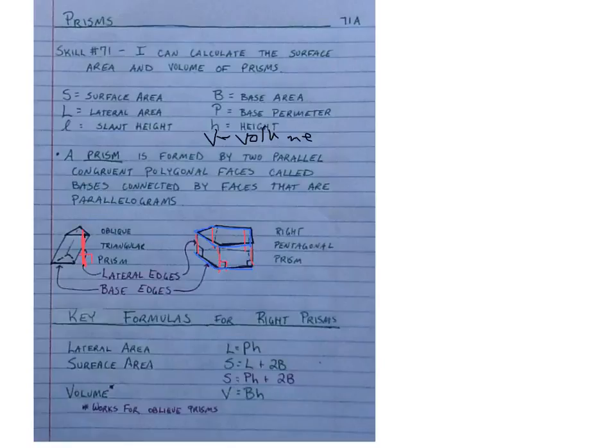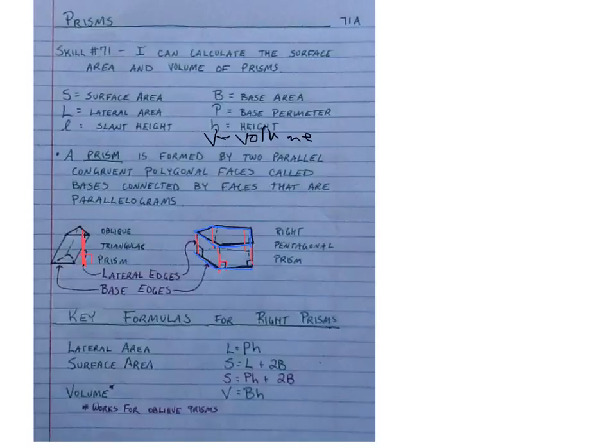Surface area is equal to the lateral area plus both the bases. So we add all 5 of those faces plus the top base and bottom base. If you want to think of surface area, it's pH plus 2B. Finally, we have the volume, which is the base area times the height, and that's going to be a perpendicular height.